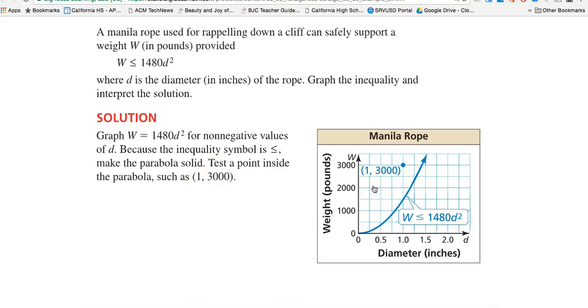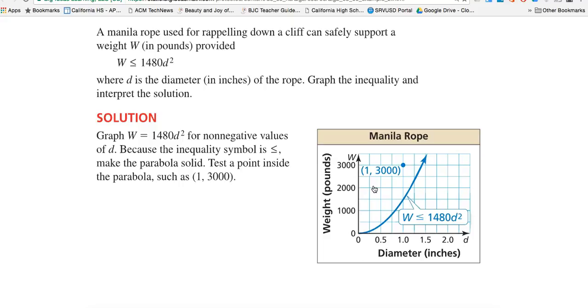Now think about this. If this point makes this a true statement, that means it lies within the area or region that we're going to shade. If we plug in this point and we get a false statement, that means it is not in the area we shade. Therefore, we shade the opposite section.